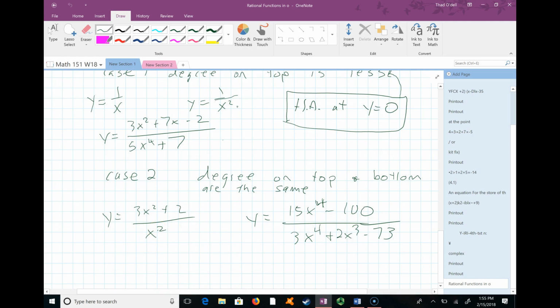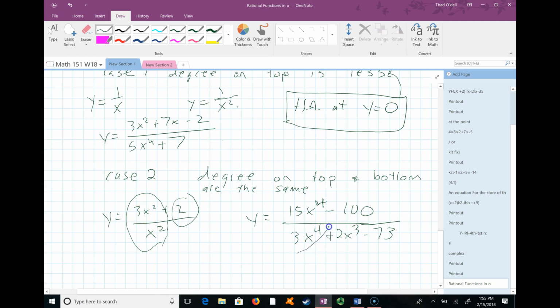So really, as x gets bigger and bigger, this becomes the dominating feature and this becomes insignificant. Notice these are really the same, just that this one's 3 times as big. So the overall fraction gets closer and closer to 3.